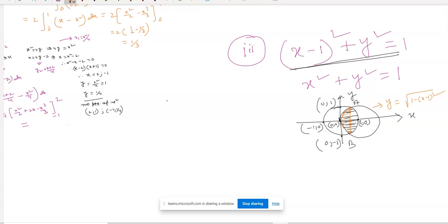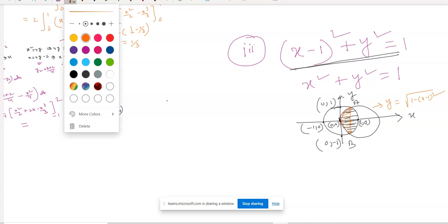This point, take this one as L. The first curve is going to be up to this point.